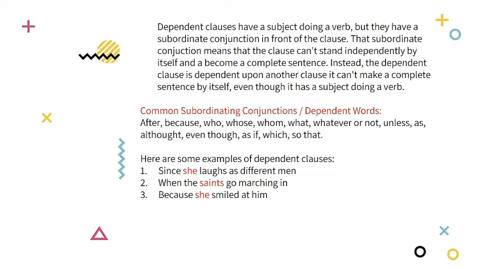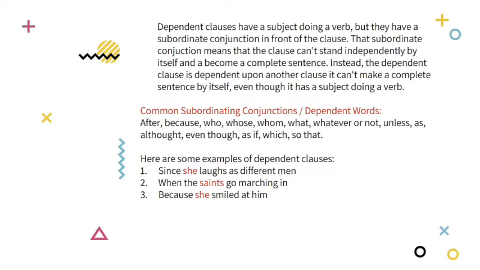It can't make a complete sentence by itself, even though it has a subject doing a verb. Jadi, dependent clause sebaliknya memiliki subjek melakukan kata kerja tetapi memiliki konjungsi bawahan di depan klausa. Dan dependent clause tidak dapat membuat kalimat lengkap dengan sendirinya, meskipun subjeknya menggunakan kata kerja.